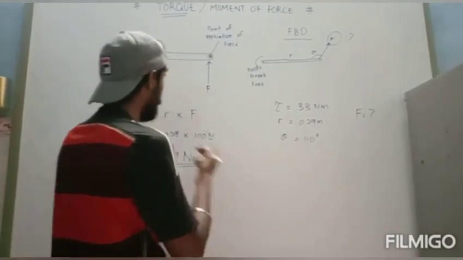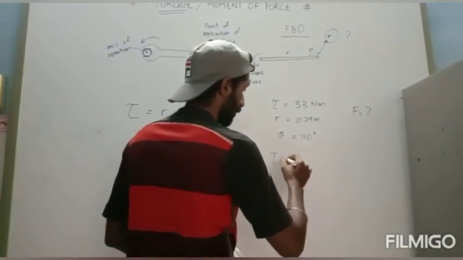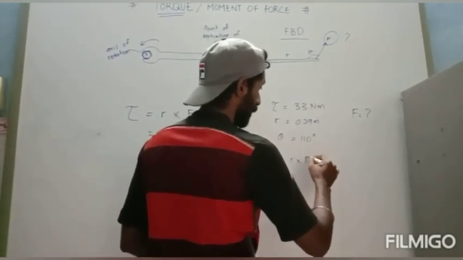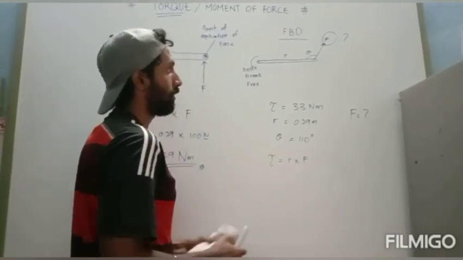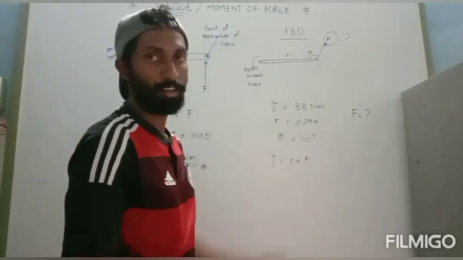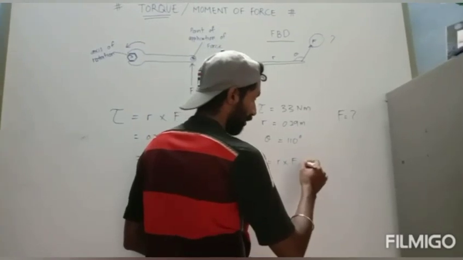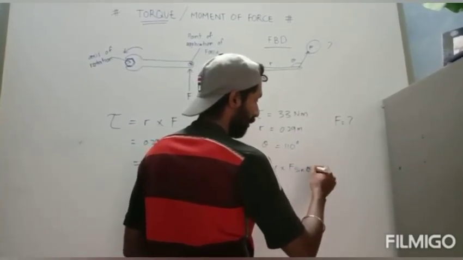What does the torque formula say? Torque equals R times F. In this situation, we are given an angle, so we have to use the angle with the force. We add sine theta.